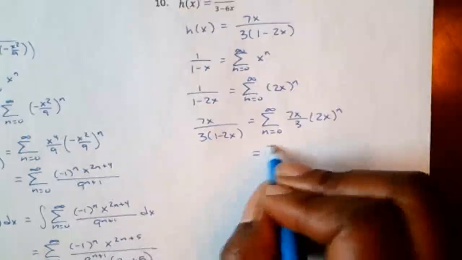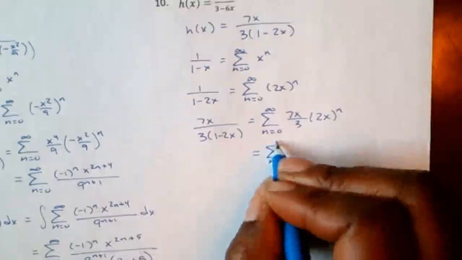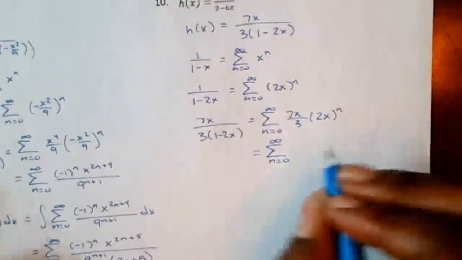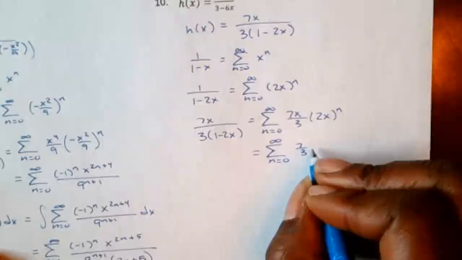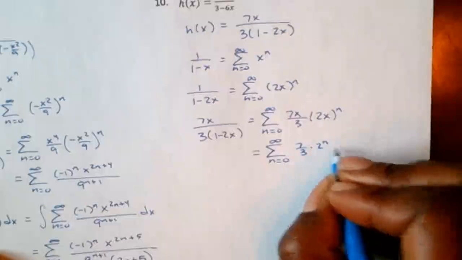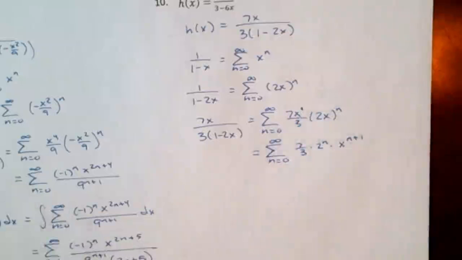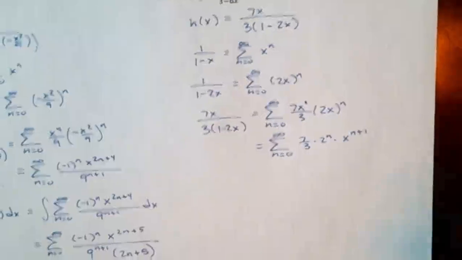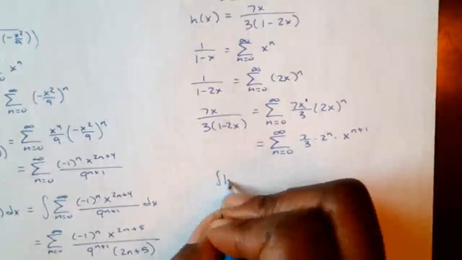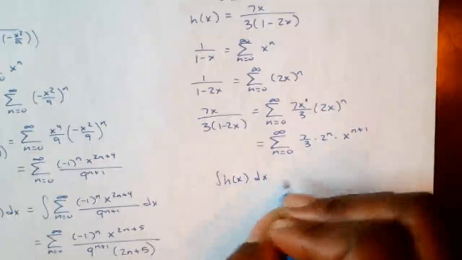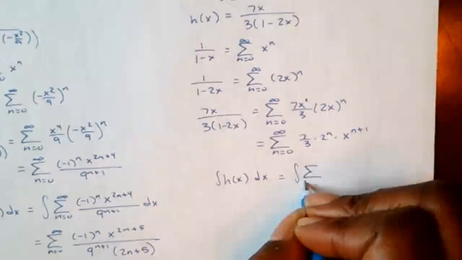Again, writing that more like a power series, I would get the sum n equals 0 to infinity of 7/3 times 2 to the n times x to the n plus 1. Again, that plus 1 comes from right there. All right, so now if I want to integrate my h of x, I'm simply integrating that sum.